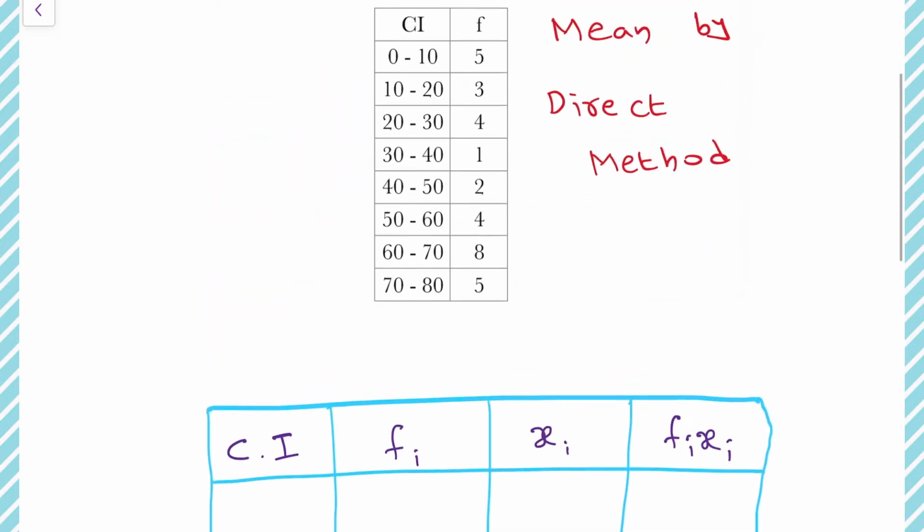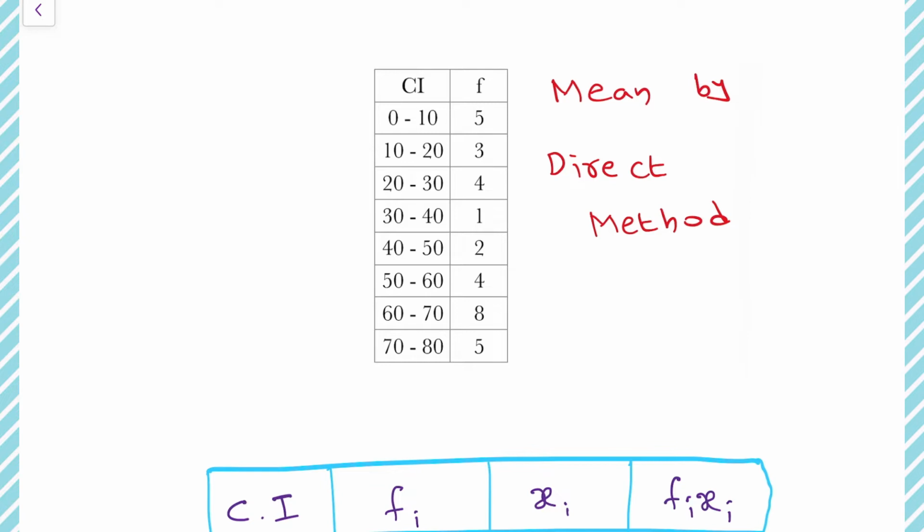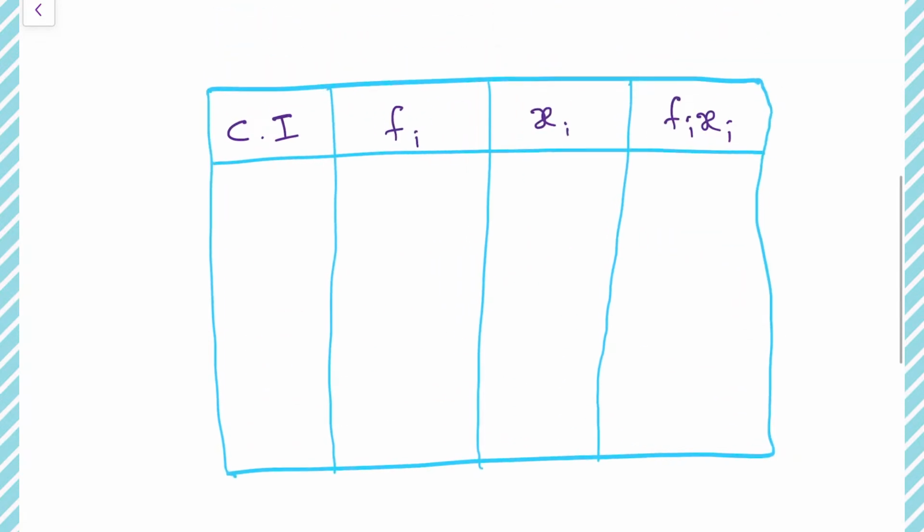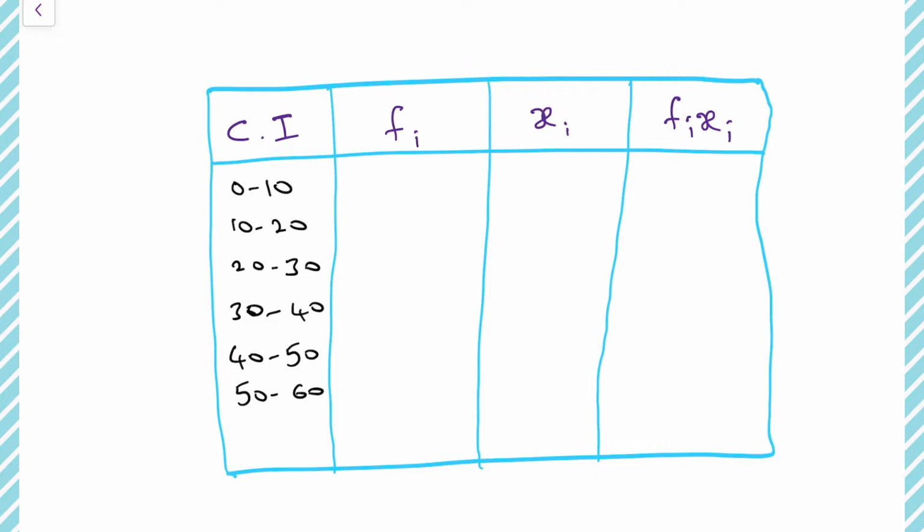Okay, now class intervals are given in the question itself, right? So let me write all as it is again, that is 0 to 80. So class intervals are 0 to 10, then 10 to 20, 20 to 30, 30 to 40, 40 to 50, 50 to 60, 60 to 70, and finally 70 to 80.